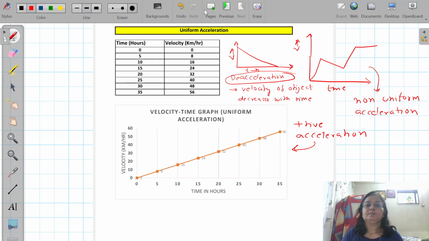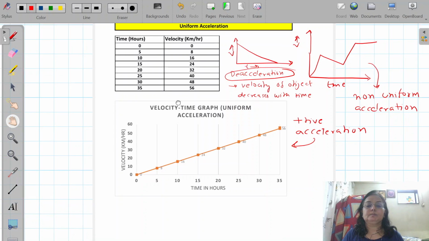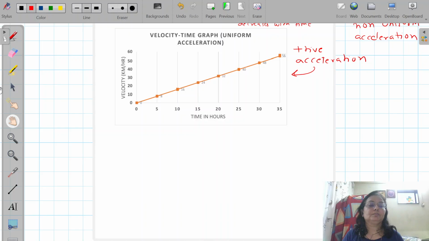Now suppose if you look at this chart, we have to define how much distance is covered, because we know that the area of this will give us the distance covered.